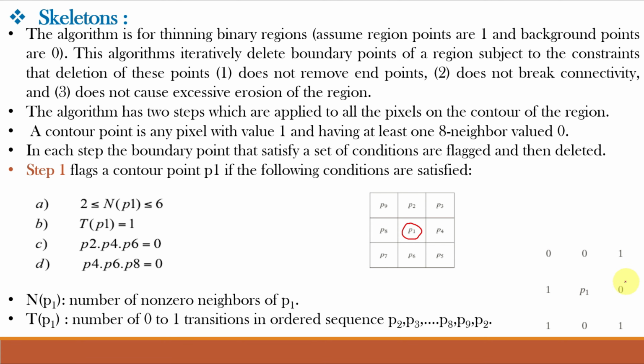This is from 1 to 0, so it will not be counted. This again is going from 0 to 1, so that is the second transition. This is going from 1 to 0, so not counted. And again it is going from 0 to 1. That is the third transition. That means the number of transitions is 3 and not equal to 1. So this P1 will not be marked for deletion. This means that this point P1 is a point of the skeleton.